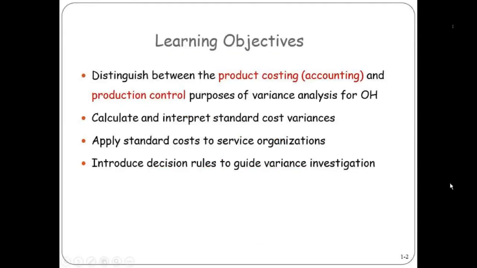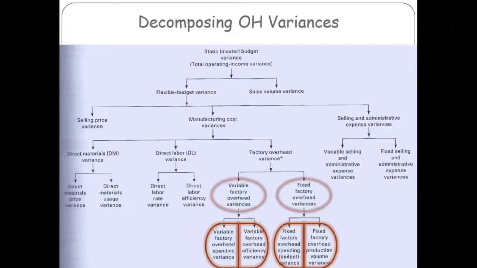We'll distinguish between product costing for accounting purposes and production control purposes. We'll show how to calculate standard cost variances, and then we'll talk about standard costs in service organizations. So, in the overall variance analysis, we're really just focused on variable factory overhead and fixed factory overhead.